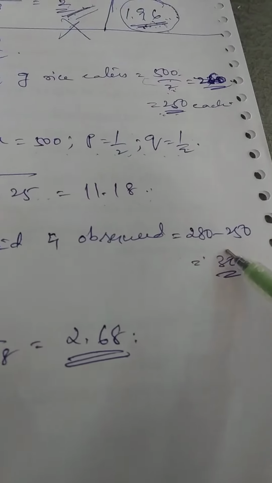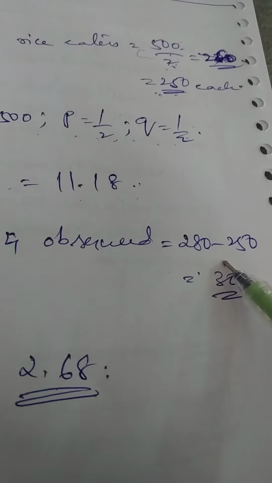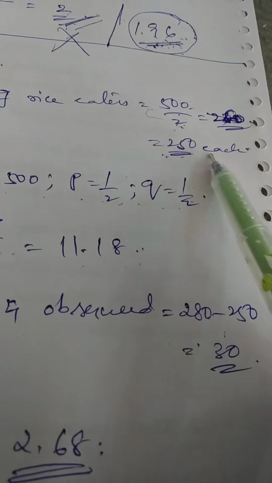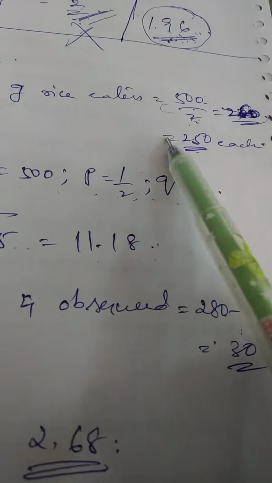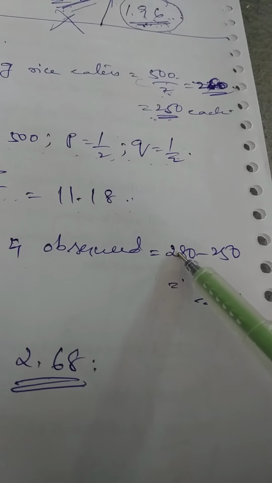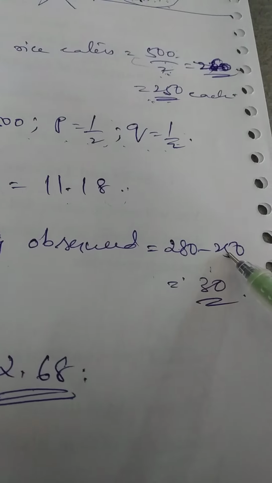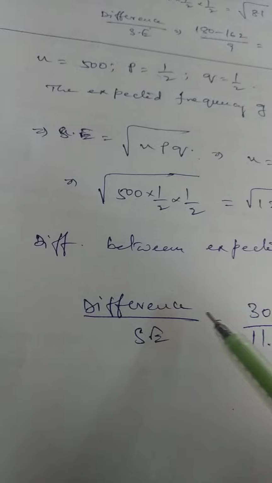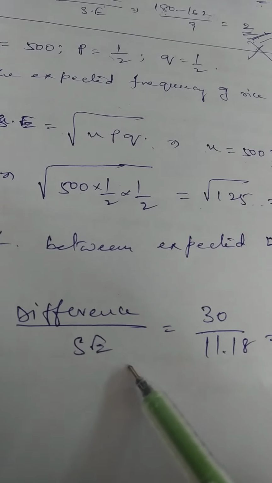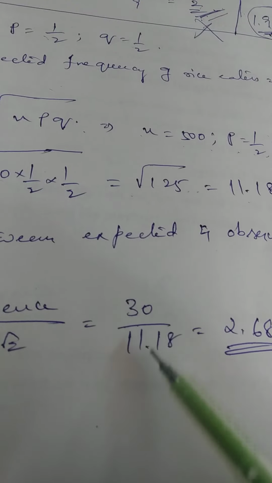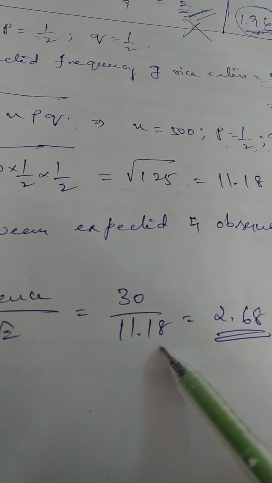As per our expectation, when there are two types like rice eaters and wheat eaters, you must get 250 each. So 280 he said are rice eaters, actually it should be 250. So the difference is 30 people eating rice. Again, when we calculate difference by standard error, the difference is 280 minus 250, that is 30, divided by your standard error 11.18.